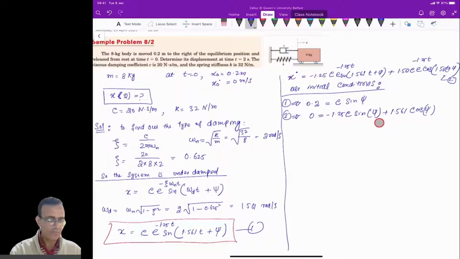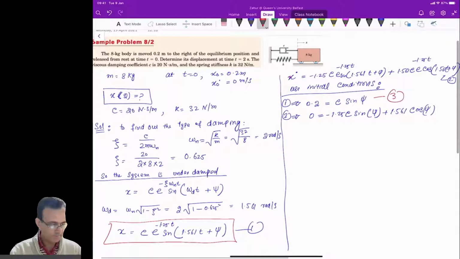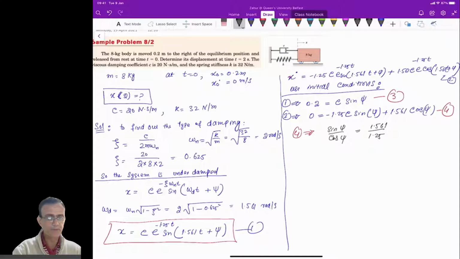Now from this equation, if you call this equation 3 and this equation 4, equation 4 is giving you sine psi divided by cos psi, which becomes equal to 1.561 divided by 1.25, which is just equal to tangent psi.